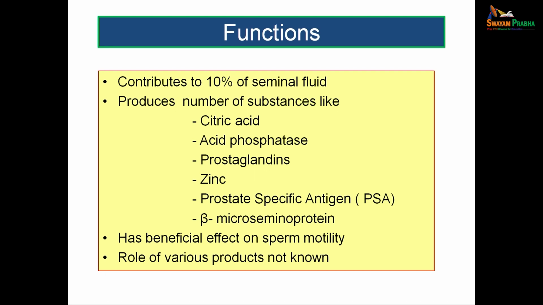Some of these products' effect on sperm motility is beneficial, for example, zinc helps in transportation of the sperms through the female genital tract, but the same zinc can have harmful effect on the prostate itself because it aids bacterial inflammation of the prostate. Role of some of these products are not known.